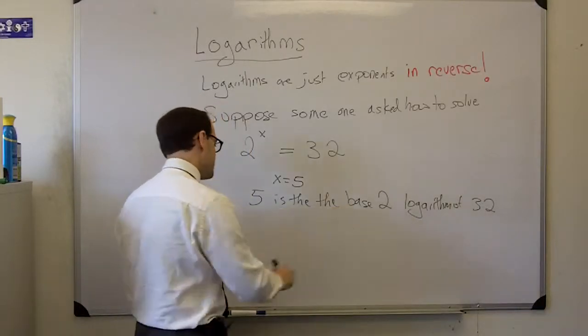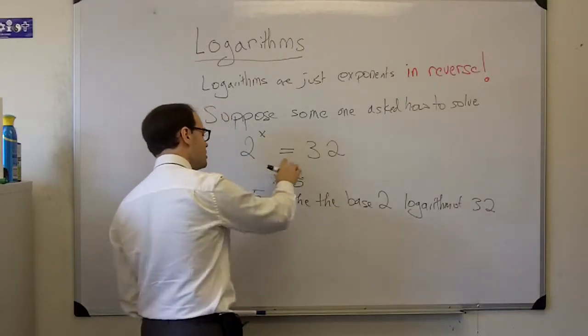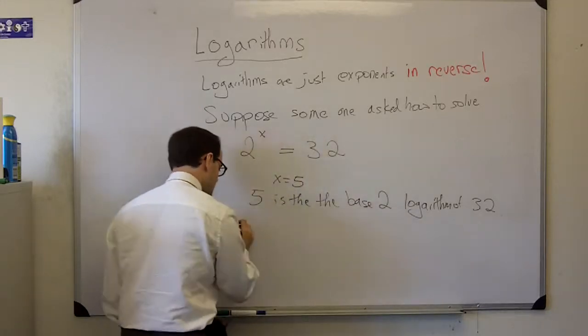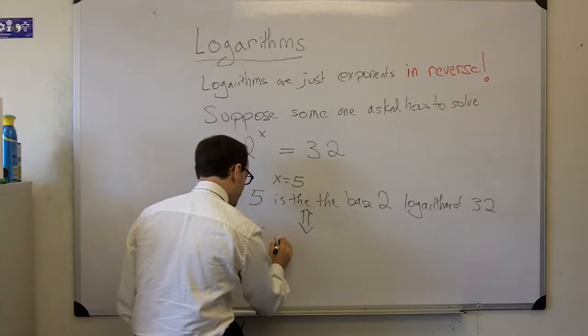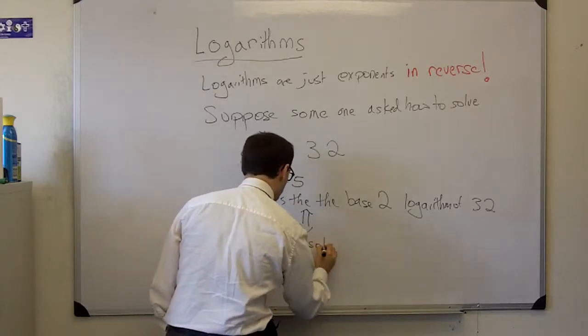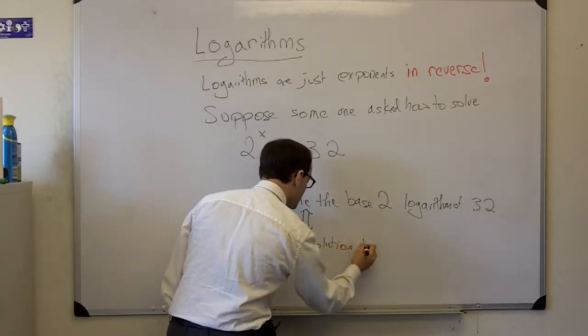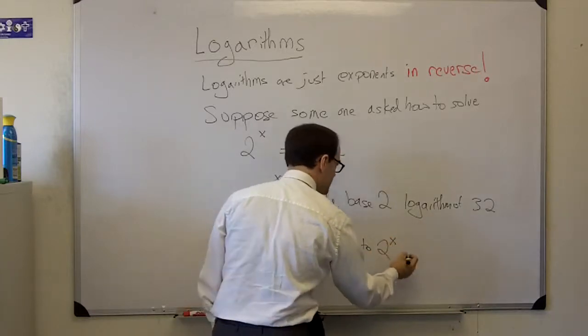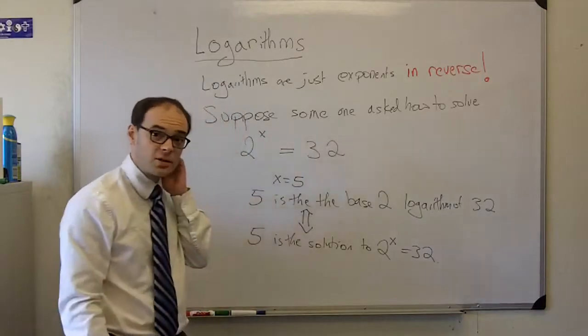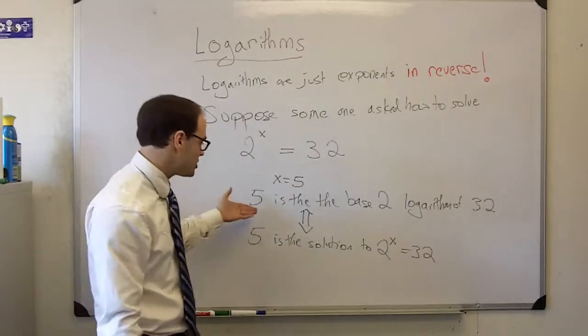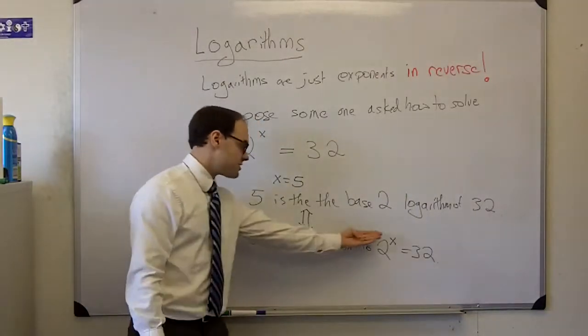What that means is that 5 is the solution to this equation. So this is a direct translation of 5 is the solution to 2 to the x equals 32. Now this suggests that you can do a cut and paste kind of way of writing a sentence like this and a sentence like this.